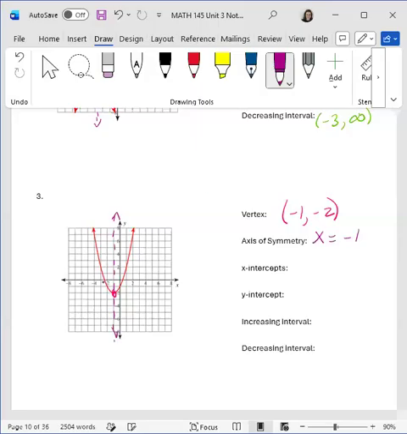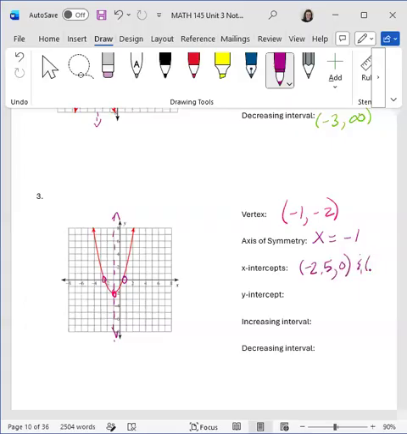It does intersect the x-axis. They do not intersect at whole numbers. So I'm just going to be estimating in this video. We will talk about how to find those exact locations a little bit later. So I'm going to estimate that the first x-intercept is at -2.50.